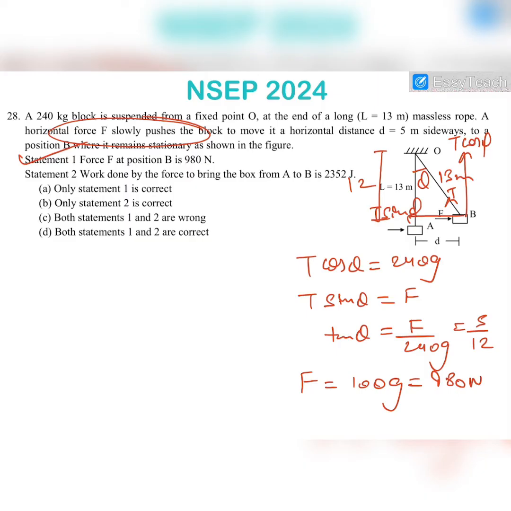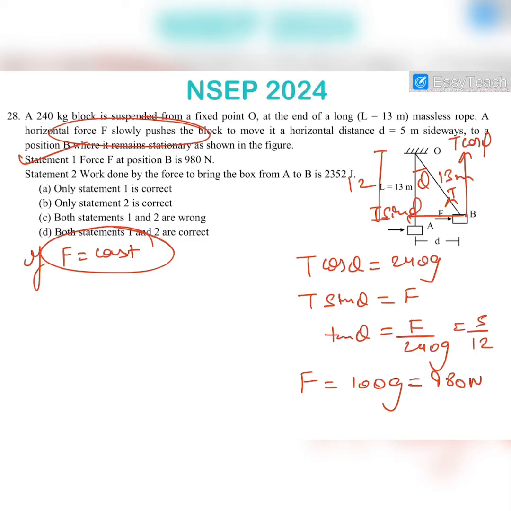If F was constant, the work done by F would be F into this displacement. But F is variable, and the block is moving in such a way that the velocity is negligibly small, almost zero, and at all points the block is in equilibrium.